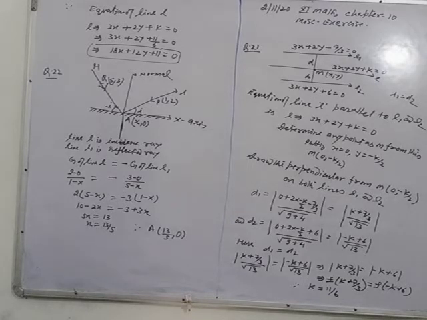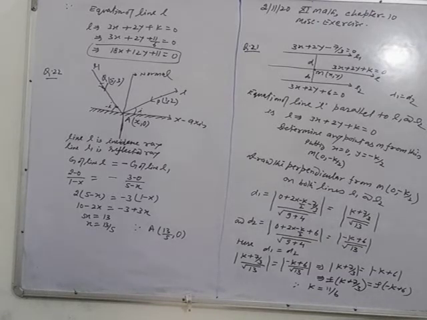Okay, now here you will find the value of k. For this you can determine the coordinates of any point on this line. You can put any value of x from the real numbers, putting x as 0 find y, or putting y as 0 find x.